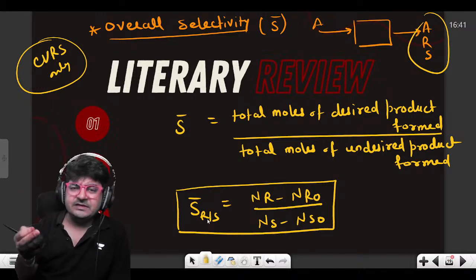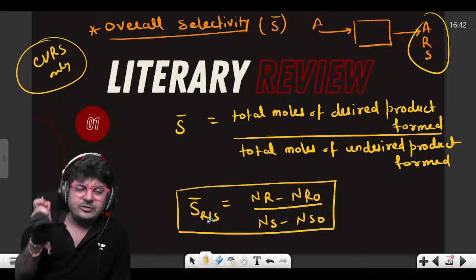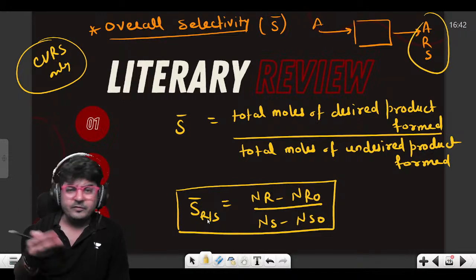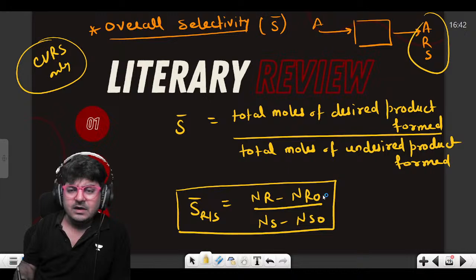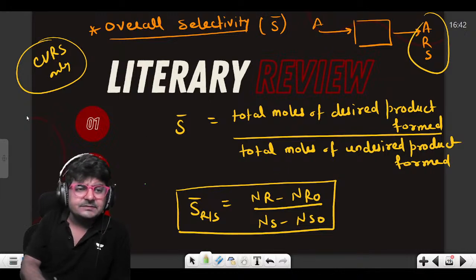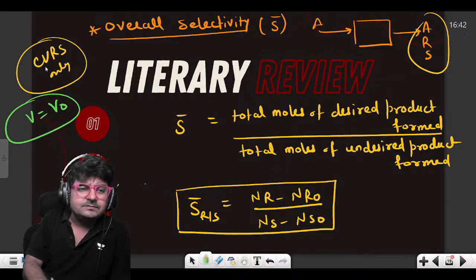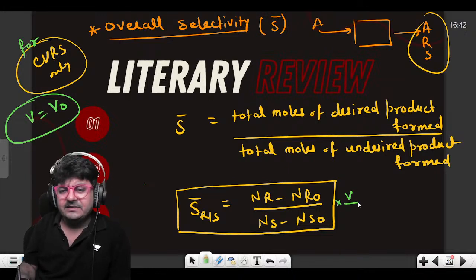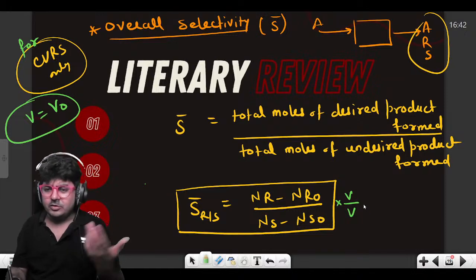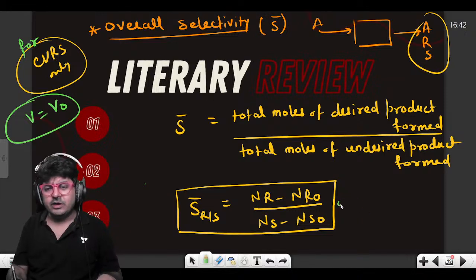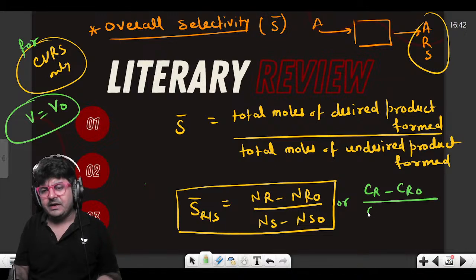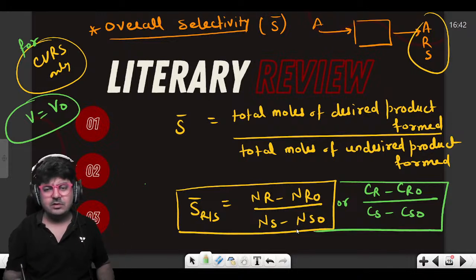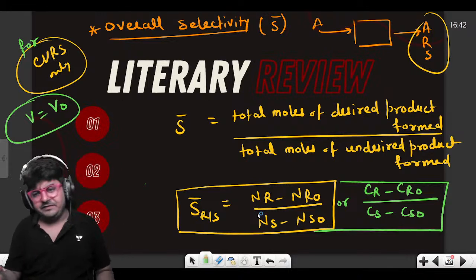Based on the selectivity itself, you will understand. The numerator value will be for desired and denominator value for undesired. And you know, for CBRS, V is equal to V naught. So if you multiply and divide this by volume, you can also write it as CR minus CR naught divided by CS minus CS naught. Okay. So that is overall selectivity.